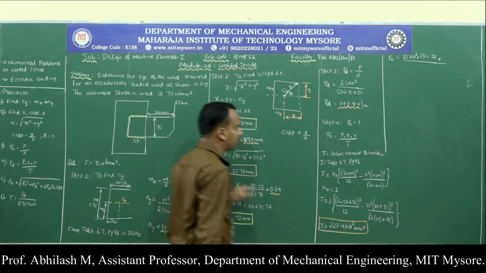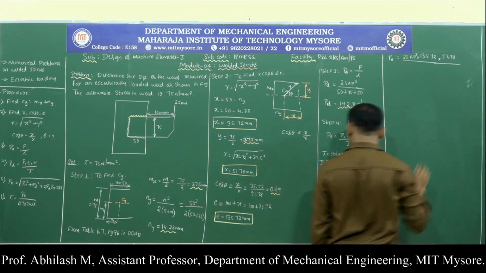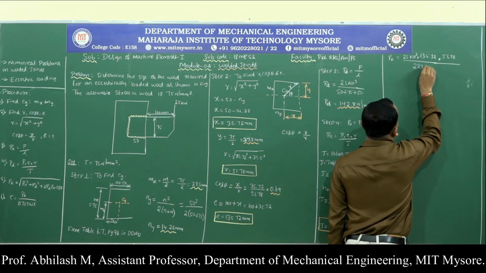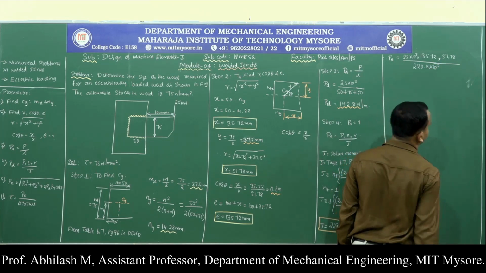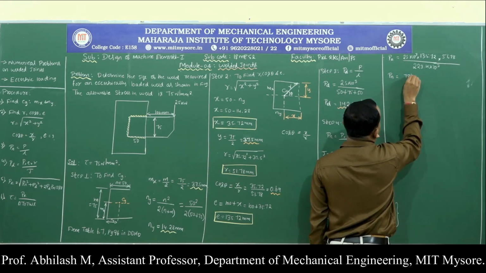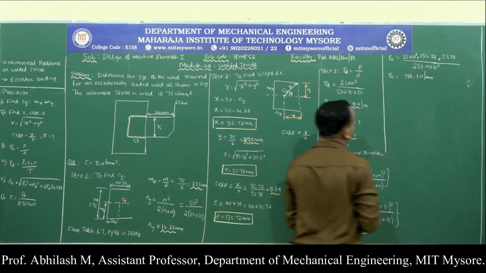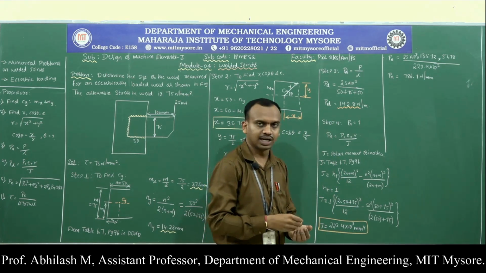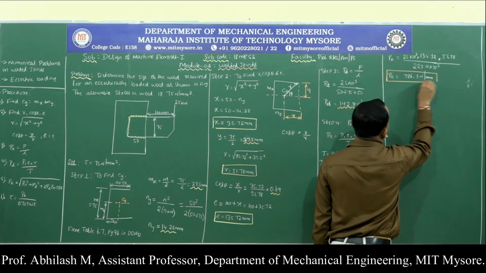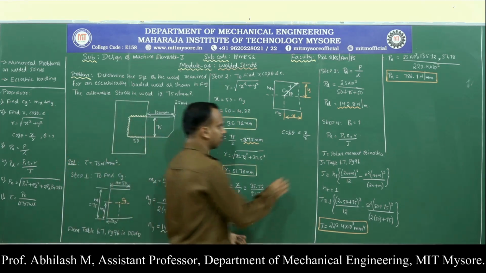The radius value is 51.78 millimeter, divided by the value of J, that is 223.4 into 10 to the power of 3. So if I do the calculation, I am going to obtain the value of Pn, which is 786.7 Newton per millimeter. So step 4 has been completed.